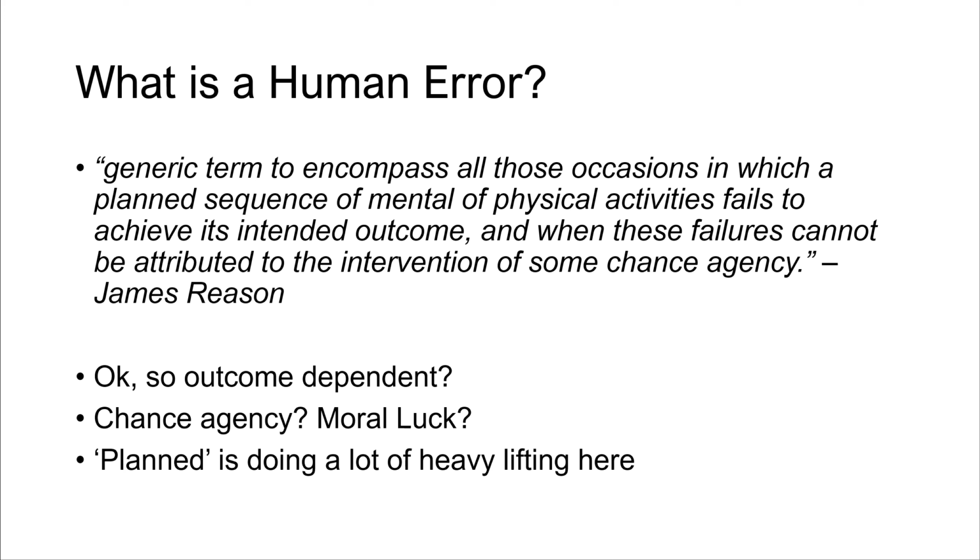So first, it's outcome dependent, and that is pretty typical. When we think of a human error in ourselves or in other things, a lot of times it's because there's some negative outcome. Now, that doesn't necessarily mean that it's a completely extrinsic outcome.